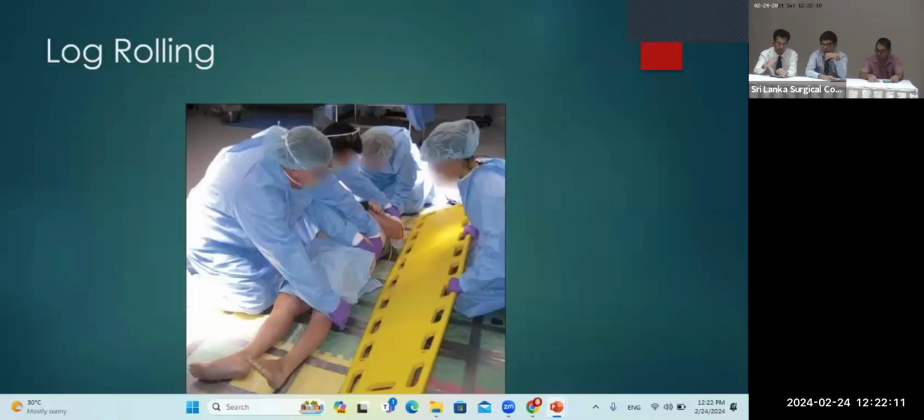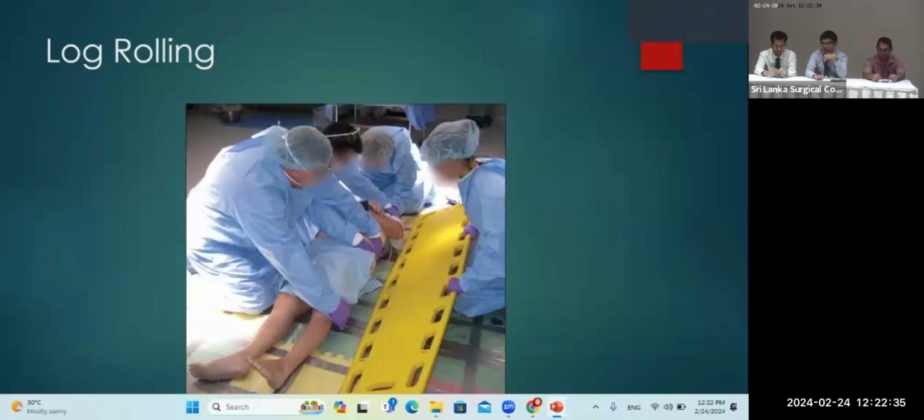Also, when you are log rolling, tell the patient, please don't try to help us. If the patient tries to do something different, that's going to be a disaster. So clearly tell the patient, we will do it for you, so relax.